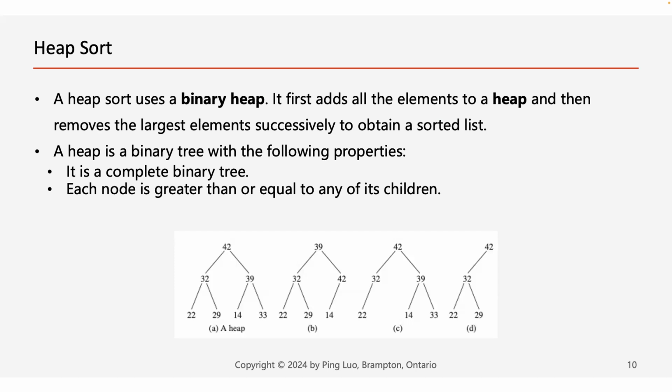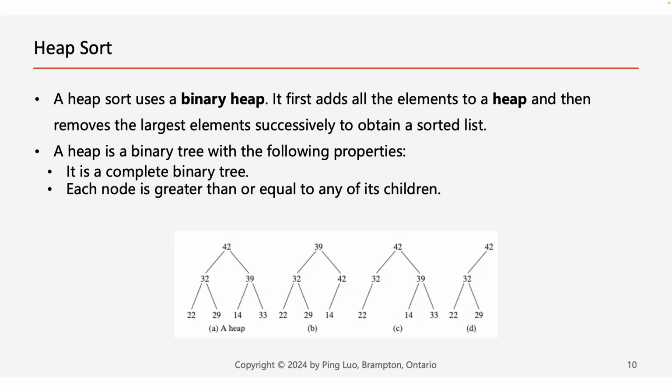We know this one is always the largest one, greater than the following numbers. So we can remove this one, the largest, reconstruct the heap, and remove the next one, and the next one. This way, every time we remove the largest number in the heap.